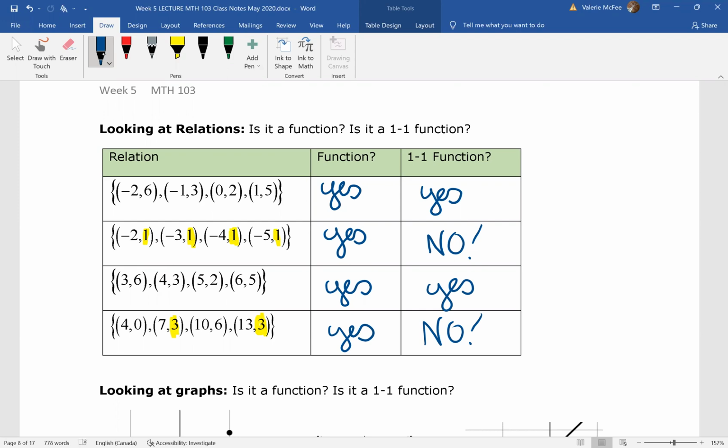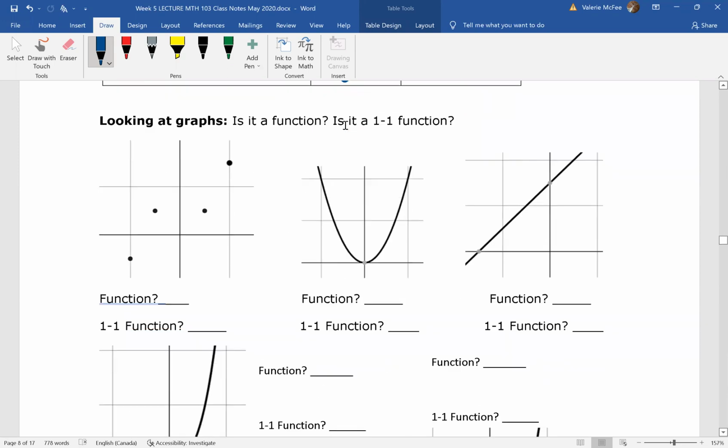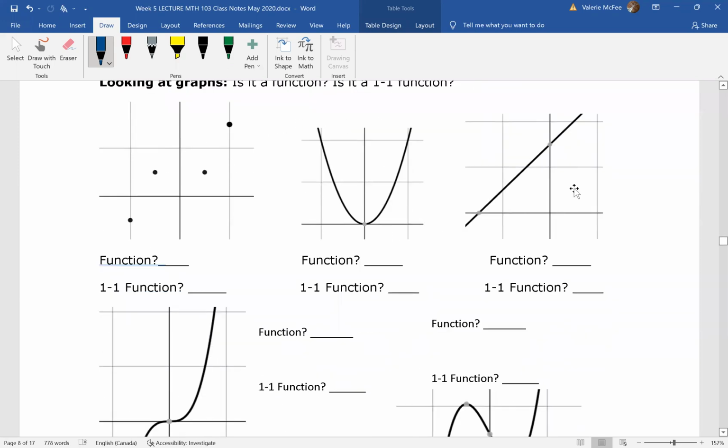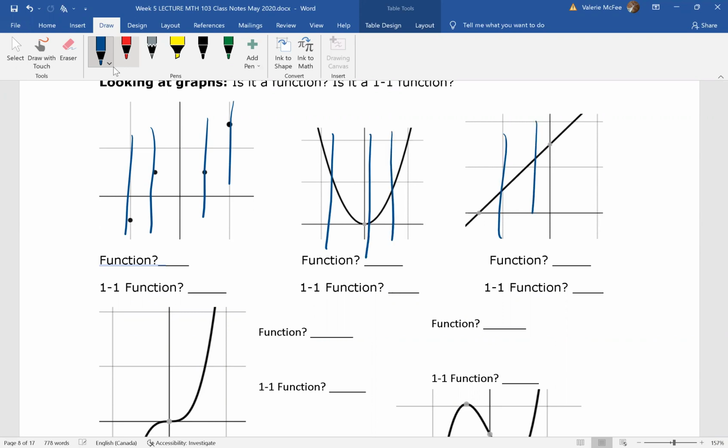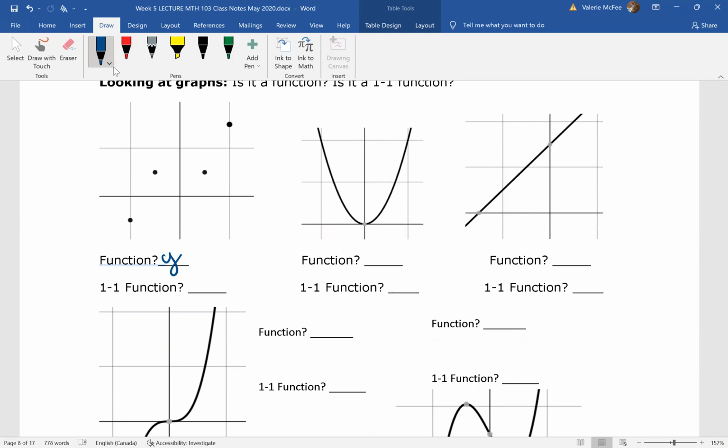What about when we look at a set of graphs? Let's look at the top three and first of all decide, are these functions? Well, we remember for a function we use which test? The vertical line test. So no matter where I draw a vertical line, for each of these, they intersect each graph exactly once. So these are all functions.